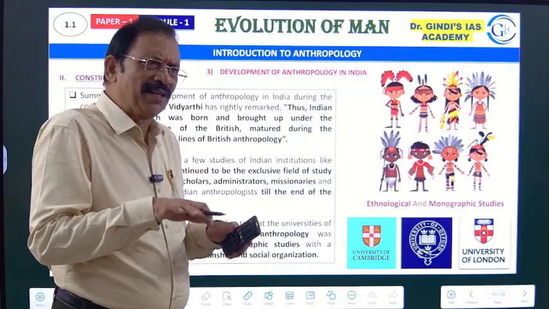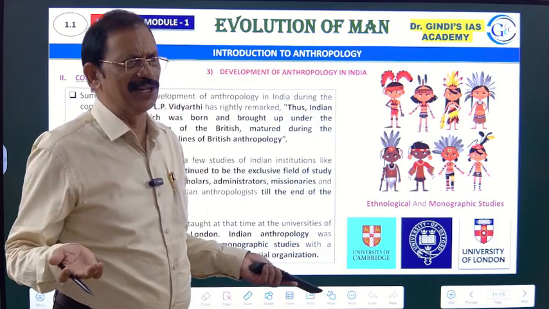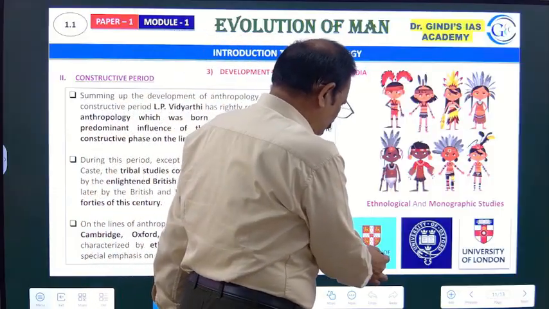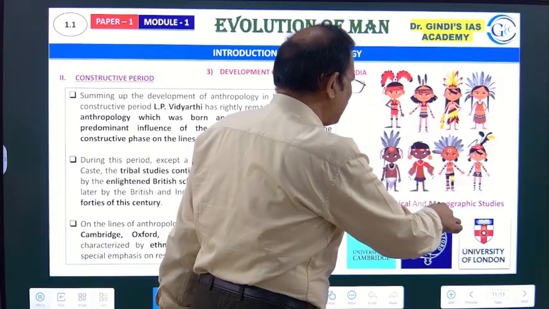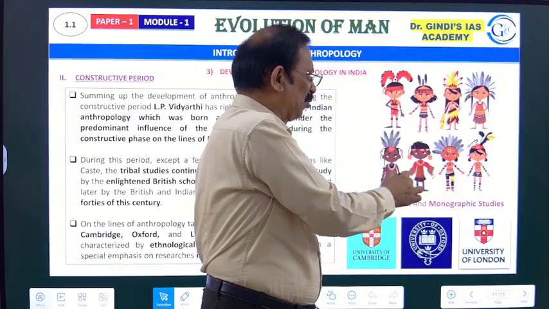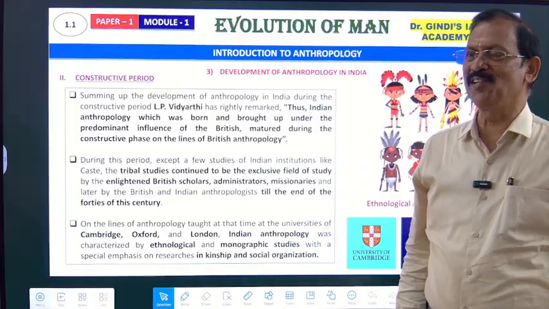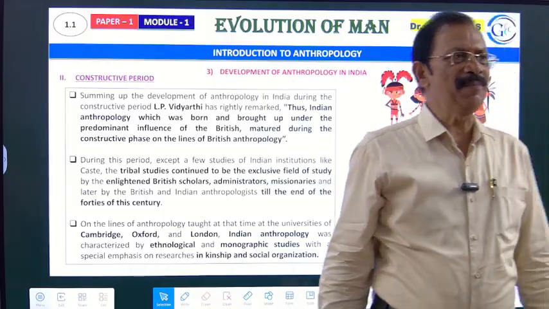The specialized area was kinship, which means the study of relations. So under these influences, our prime interest was only on tribal people and on social institutions like kinship. This was the constructive period.